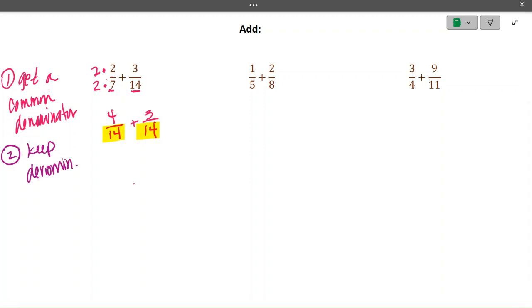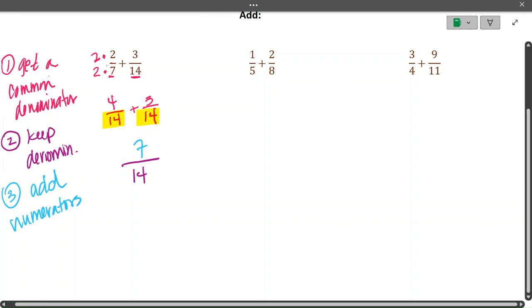Okay, so our denominator is going to be 14, and then we add the numerators. Four plus 3, which is 7. Okay, so we have 7/14, but we're not quite done yet. We need to do one more step.